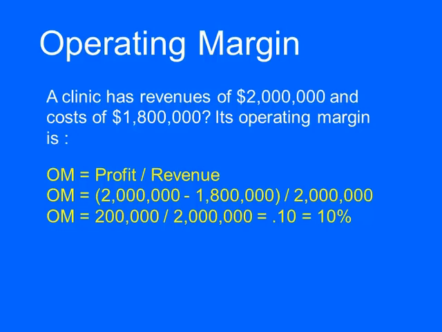So we've made 200,000 after it's all said and done on a total revenue of 2 million. So again, the 200,000 divided by the 2 million equals 0.10, or 10%. So again, an easy way to think of it, in this case, this clinic makes 10 cents on every dollar that it takes in as revenue.